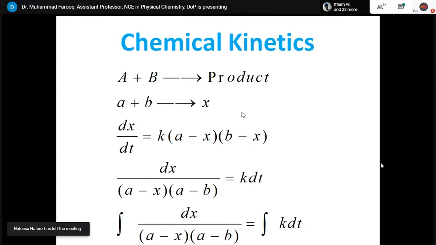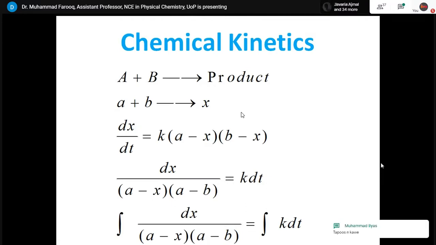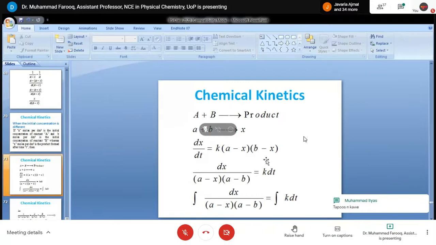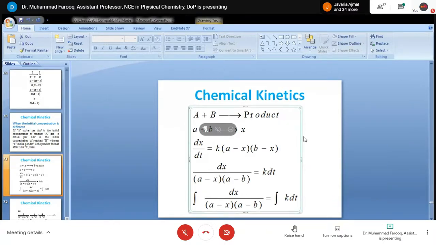Then after time t, to make it more clear, I will write it this way also.